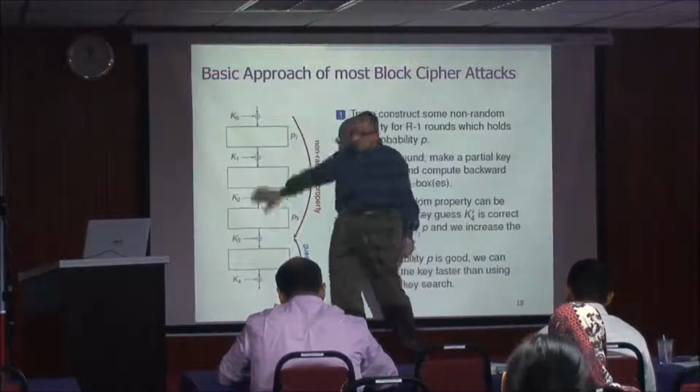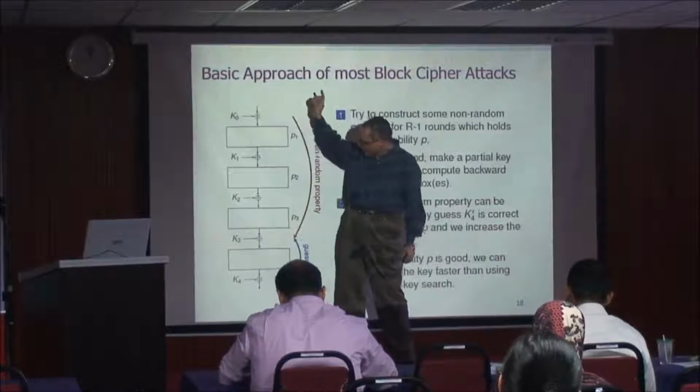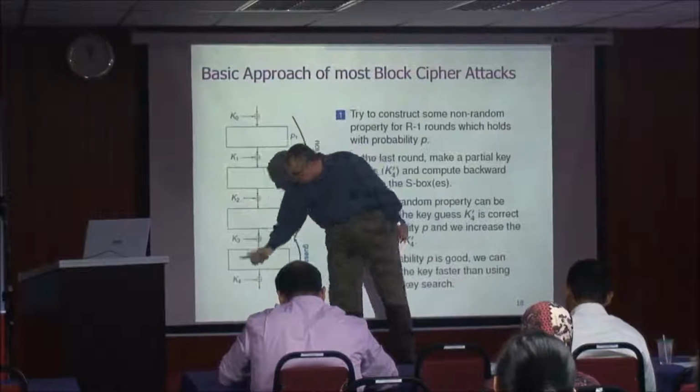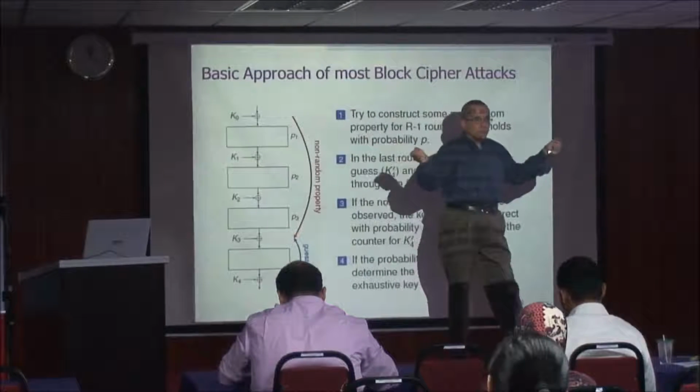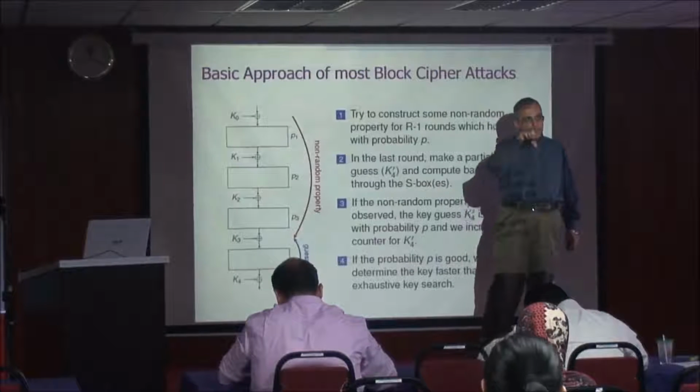Because again, if you try to attack the cipher by guessing these sub-round keys, suppose, for the sake of example, I have 1, 2, 3, 4, 5, and each one of them was 10 bits. Then, if you're trying to guess them all together, I need 2 to the power 50.